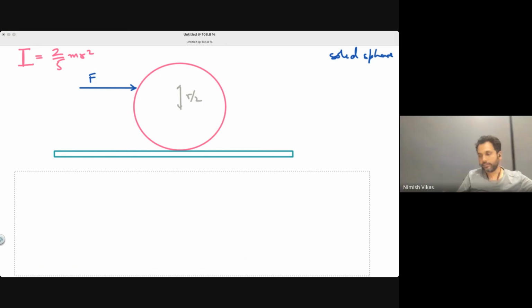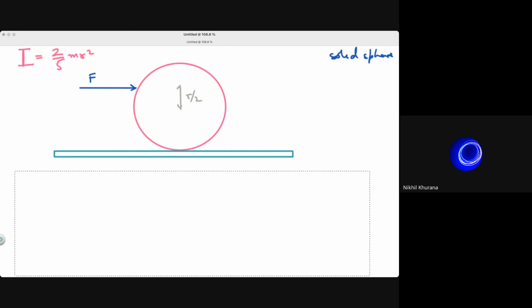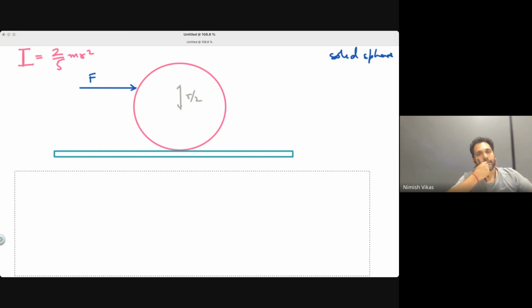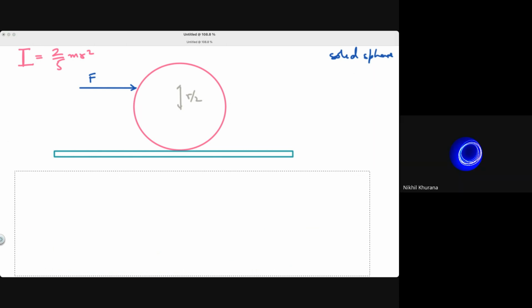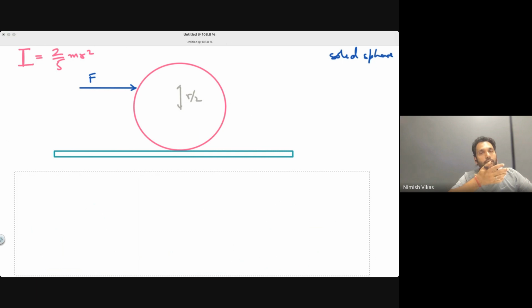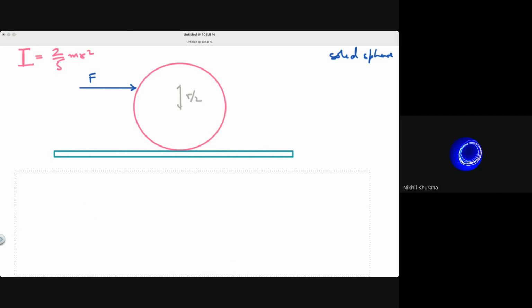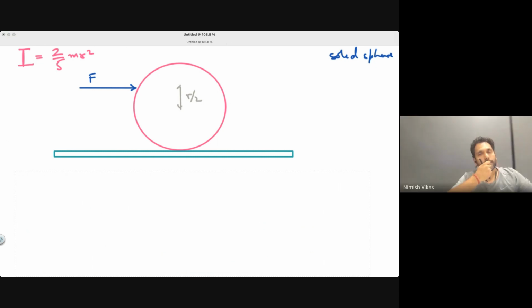Okay, reason? See, there are only two answers, back or forward. Force induces a torque which increases omega in the clockwise direction. So the friction would try to reduce the omega. Why will it reduce the omega? Torque is applied, so why does it have to reduce the omega? To achieve pure rolling. Why?